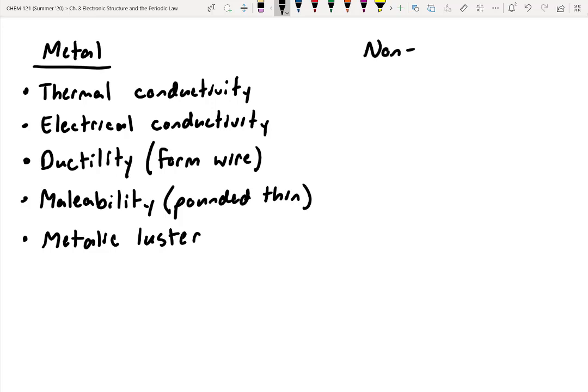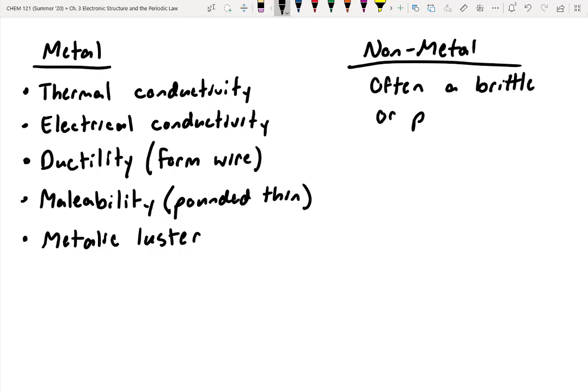Versus non-metals over here. Let's make a list for non-metals properties. All right, a non-metal is often a brittle or powdery solid. Or a gas.